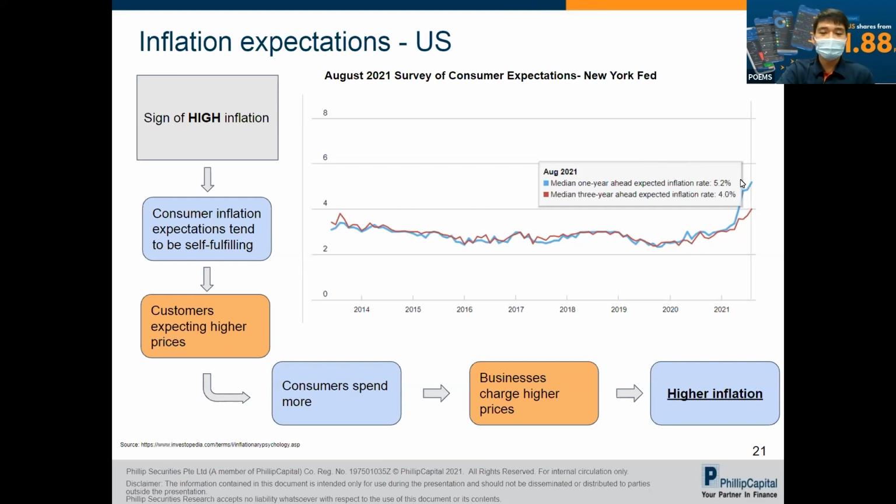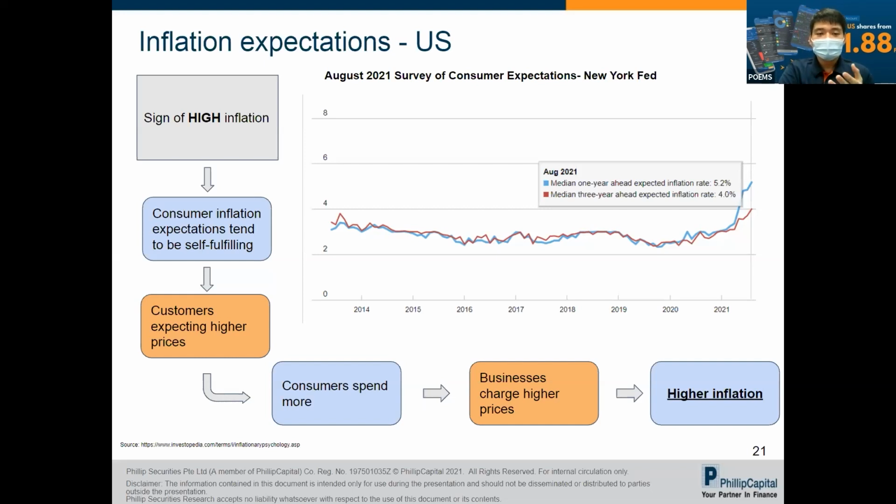This is actually quite self-fulfilling, because if consumers believe that a year later the prices of goods will be higher, they will rather spend more now, because every dollar now can get more goods than in the future. So why not buy more things now to stretch my dollar? Hence, with more demand now, businesses will be able to charge higher prices, and this will eventually lead to higher inflation.